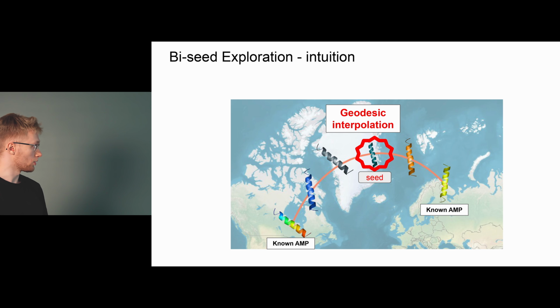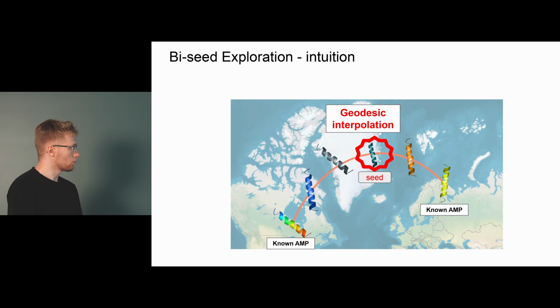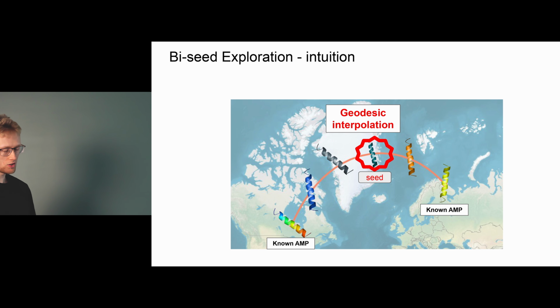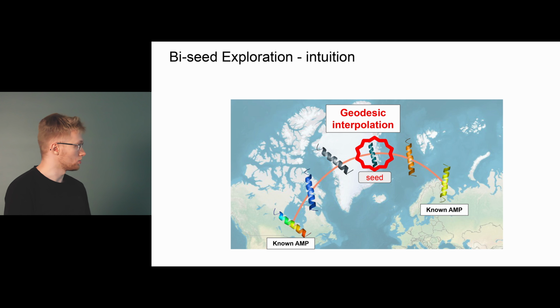So we take two known AMPs and connect them with paths, and search whether alongside this path we get peptides with good qualities, which we can see visualized on this presentation.